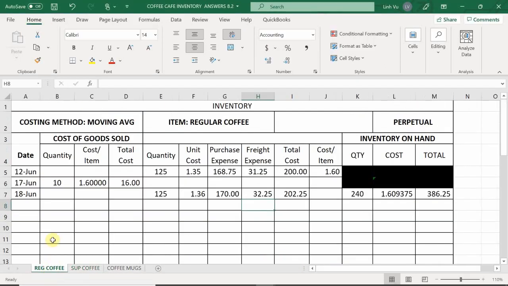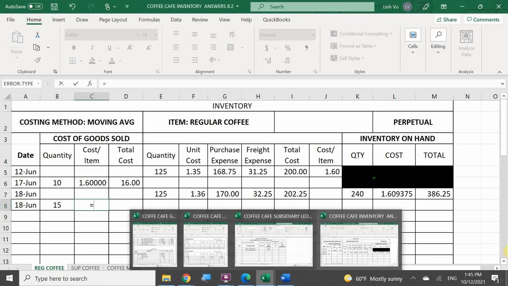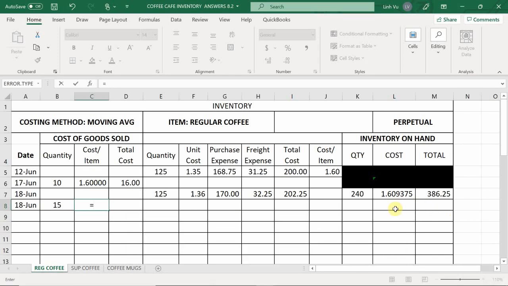Regular coffee, right? Today's date is the 18th. So we sold 15 pounds, right? What's my average cost per item right now? $1.60.93.75. Good. So in this case, right, we have this number here.